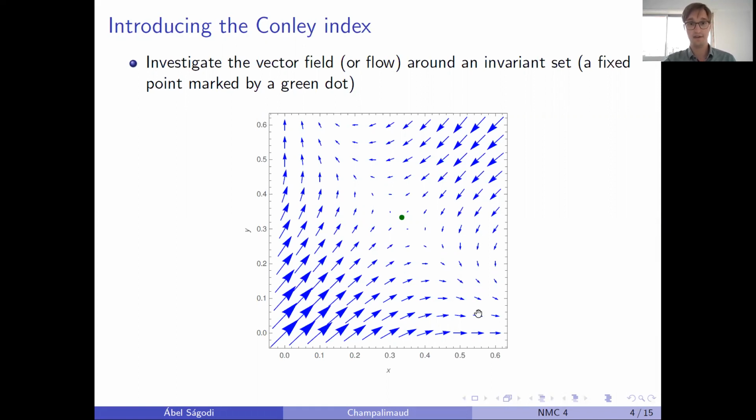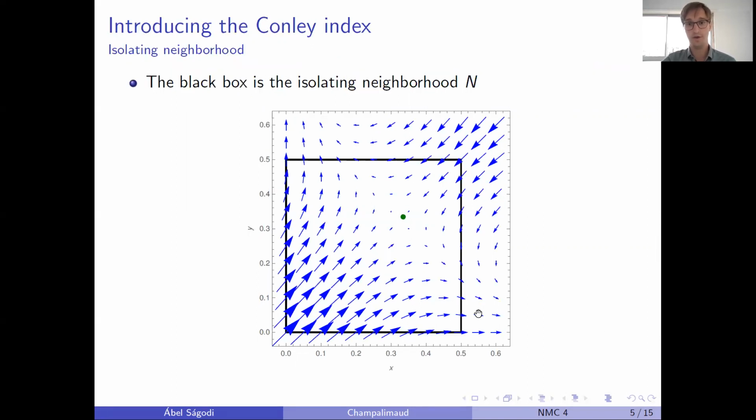If we have a vector field of some kind of dynamical system, we can analyze its behavior in terms of its invariant set by looking at this vector field around the invariant set.